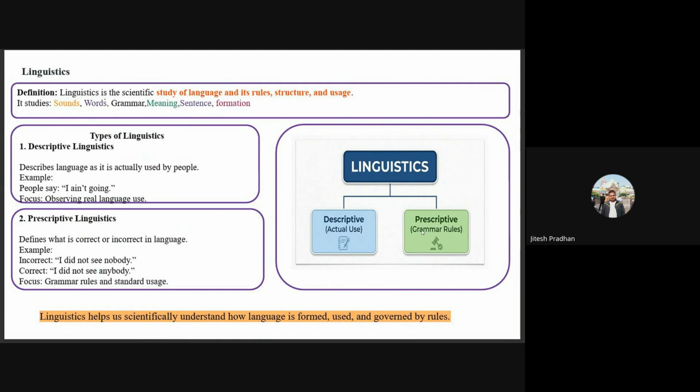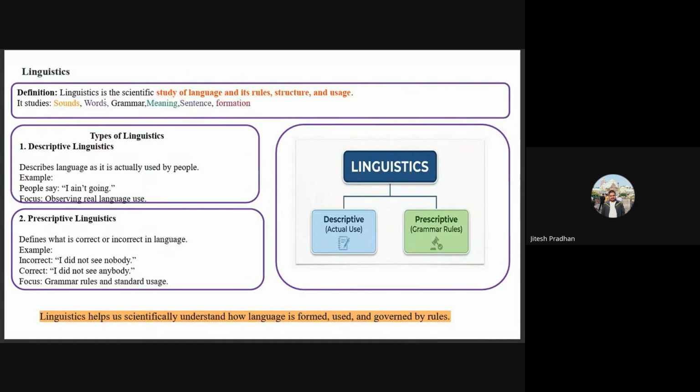When we have to stick to grammar, it is prescriptive linguistics. When we deal with the daily language that people regularly use, that is descriptive linguistics.